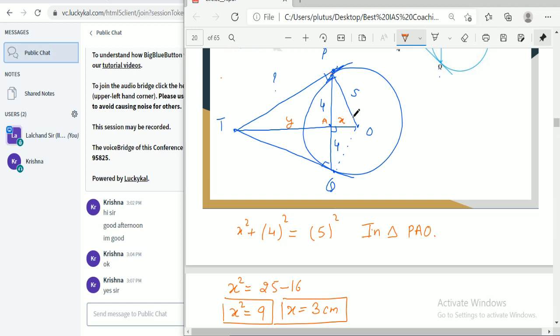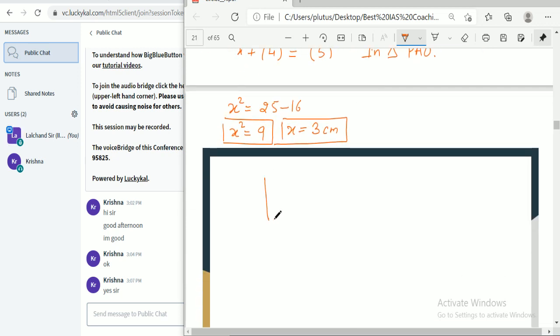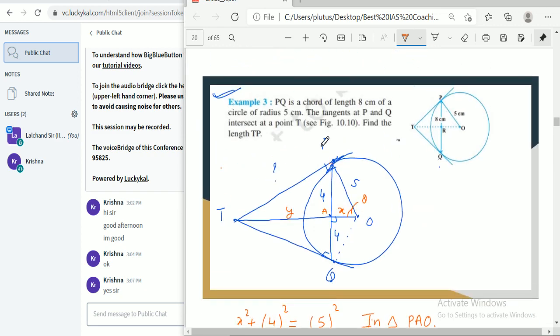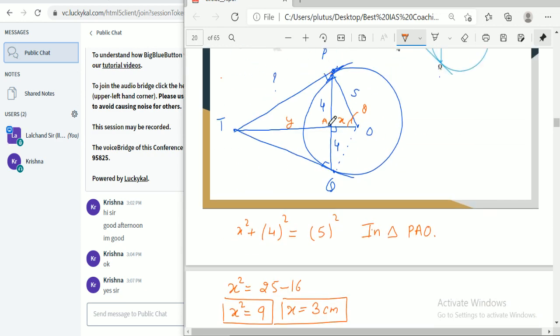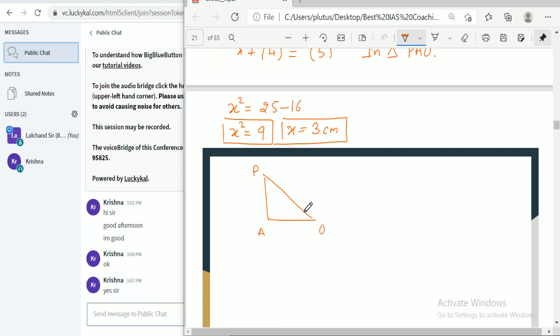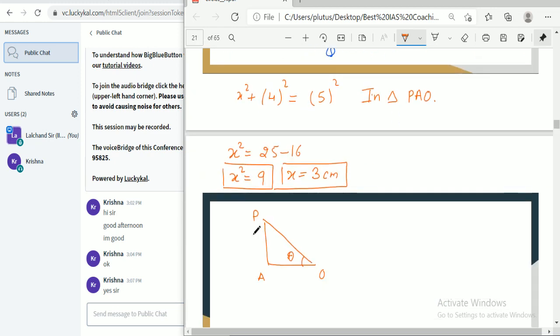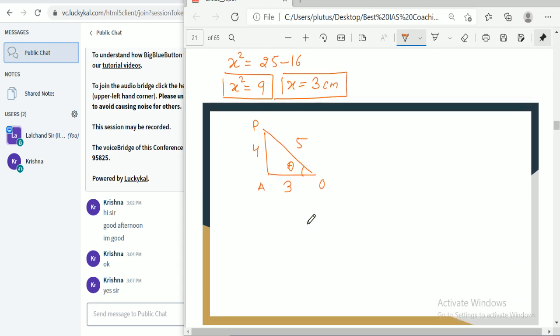Let's suppose this angle is theta. If I make a larger diagram, this point is P, this point is A, and this point is O. This angle is theta. This side is 4 unit, this side is 3 unit, and this side is 5 unit. What will be the value of tan theta in this triangle PAO?